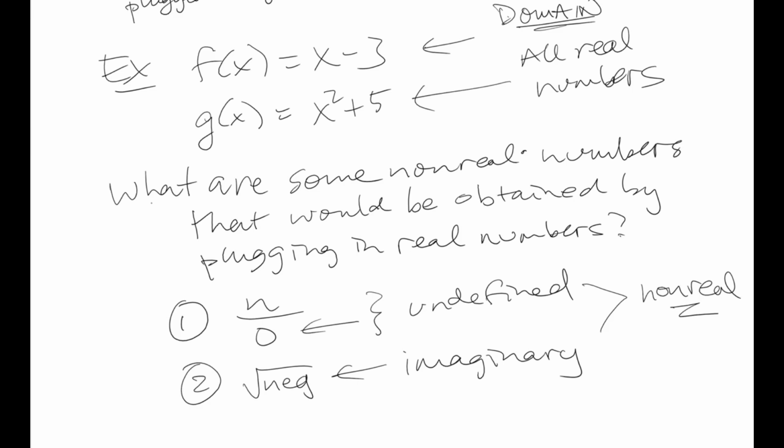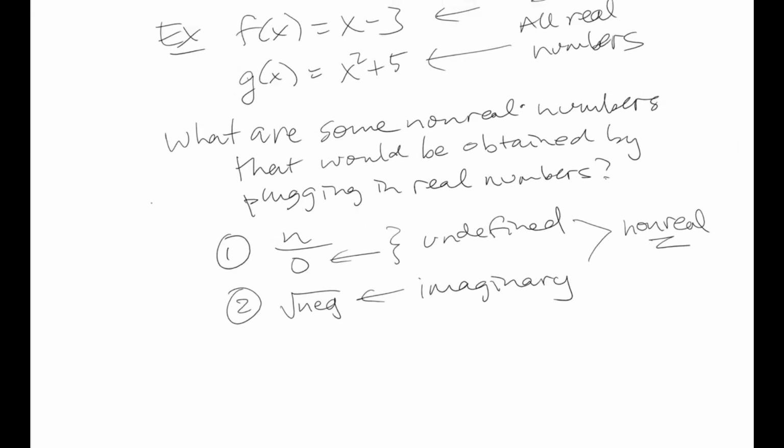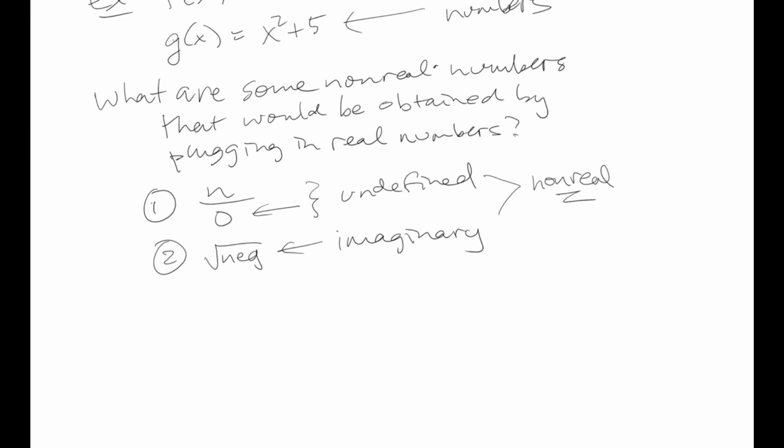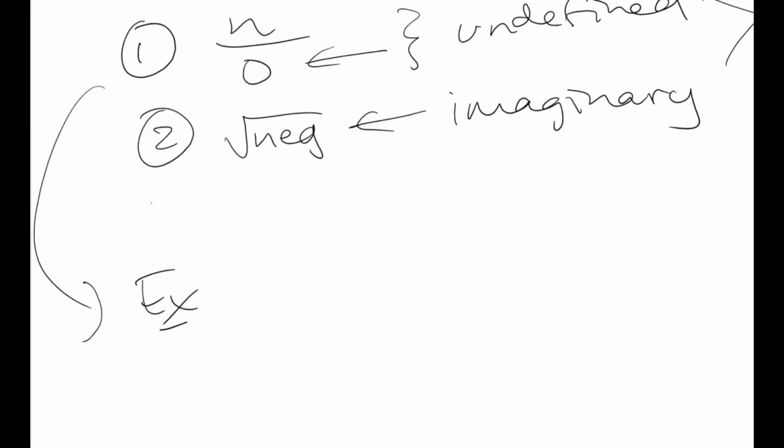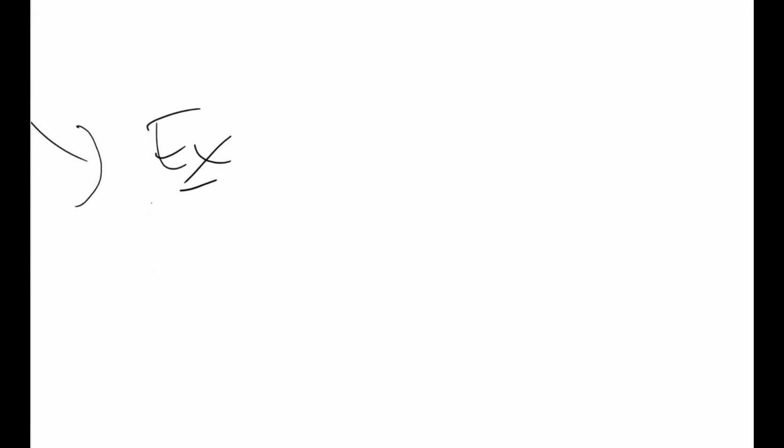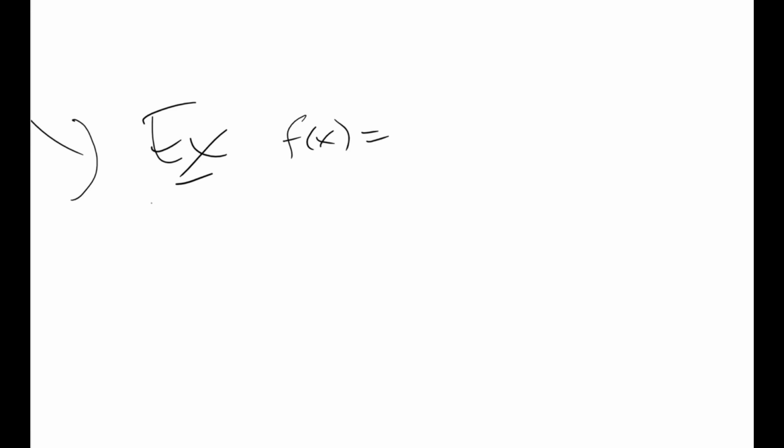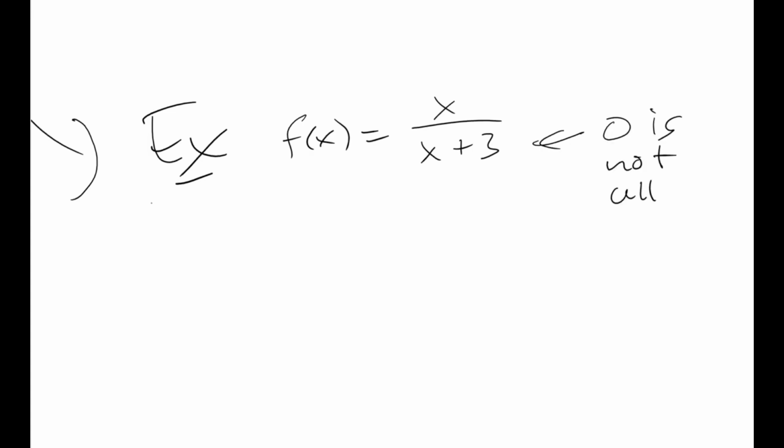All right, so imaginary numbers we're going to get to later, but I think you might have seen them in high school already. So when would you get an undefined number? An example would be f of x equals something like x over x plus 3. If you notice, 0 is not allowed down here.